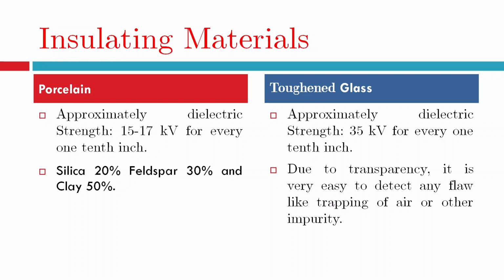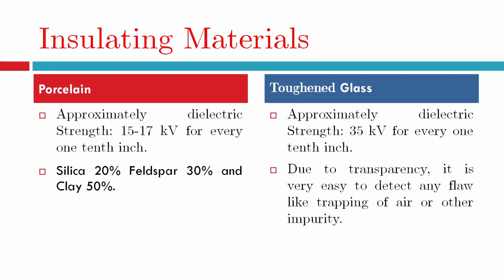Further, it is very important to note that it is always difficult to manufacture homogeneous porcelain, and hence for a particular operating voltage, normally 2, 3, or more pieces can be adopted, where each piece is glazed separately and then they are cemented together.